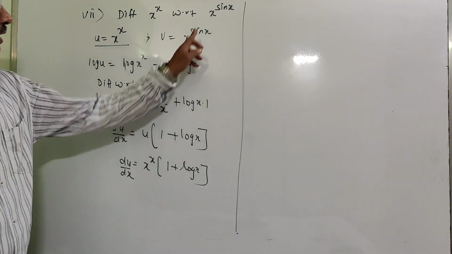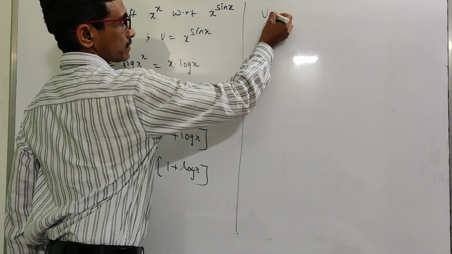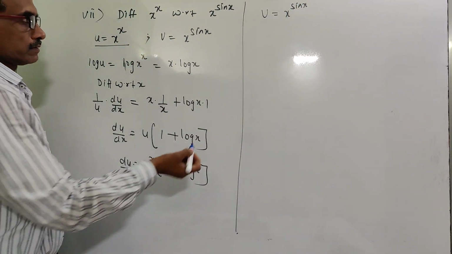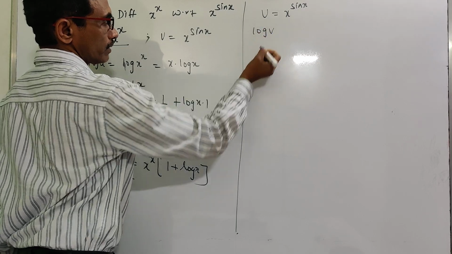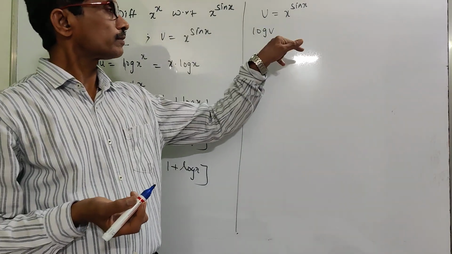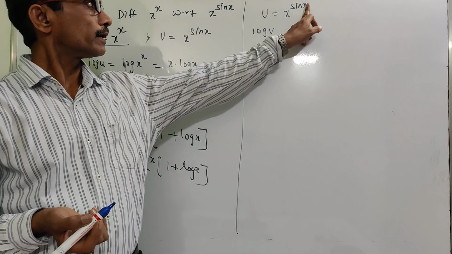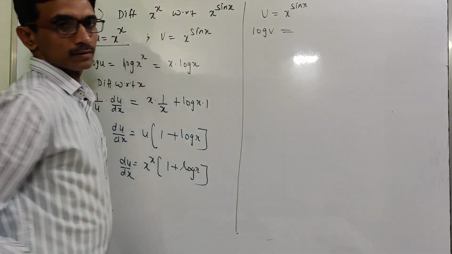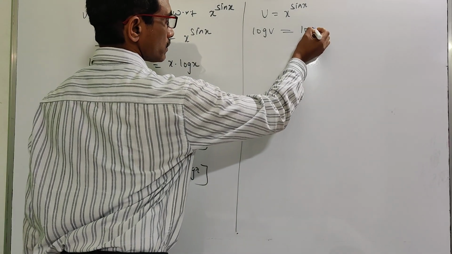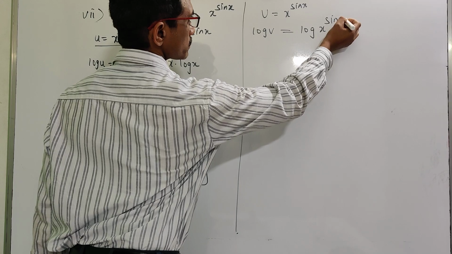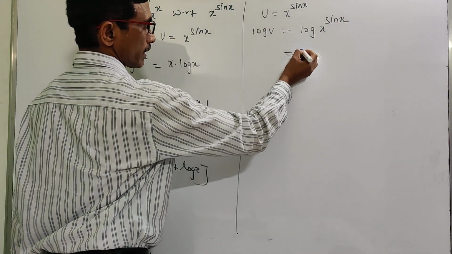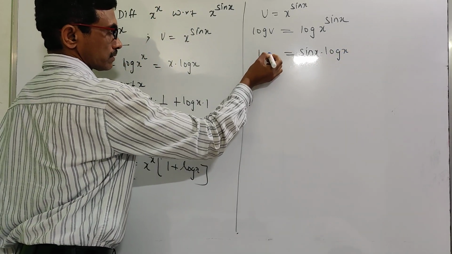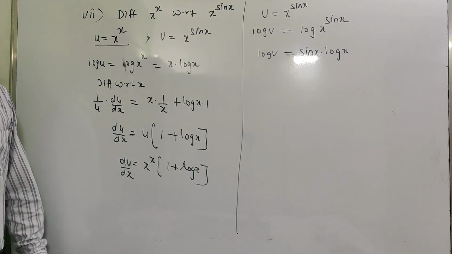And v is equal to x raised to power sin x. Take log of both sides, log v. We have to use logarithmic differentiation because it is in function raised to power function form. So take log of this, x raised to power sin x, which is sin x into log of x. So log v equals sin x into log of x. Now differentiate it with respect to x.